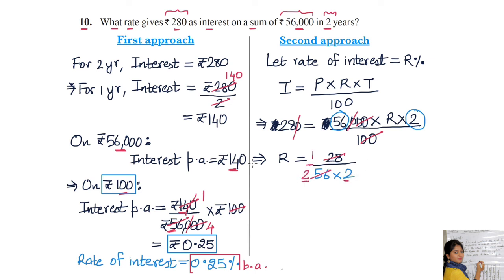In the numerator we have 1 only, and in the denominator we have 2 into 2, which means 4. So we have directly found using the formula that the rate of interest is 1 by 4%, or simply 0.25% per annum. Don't forget this.